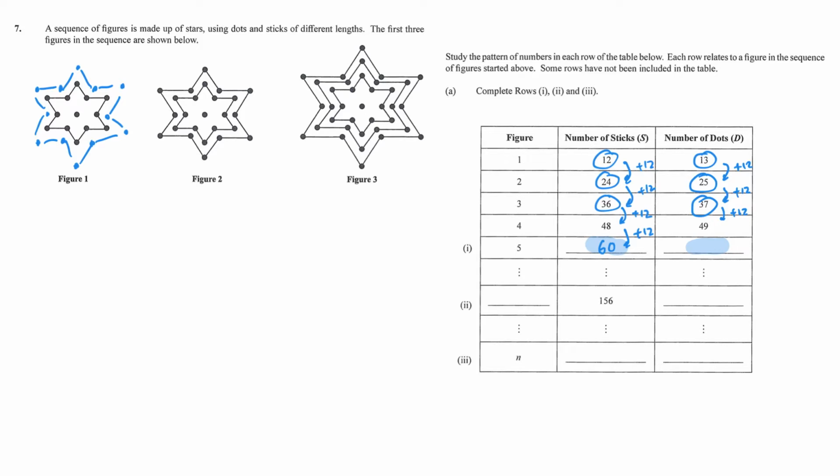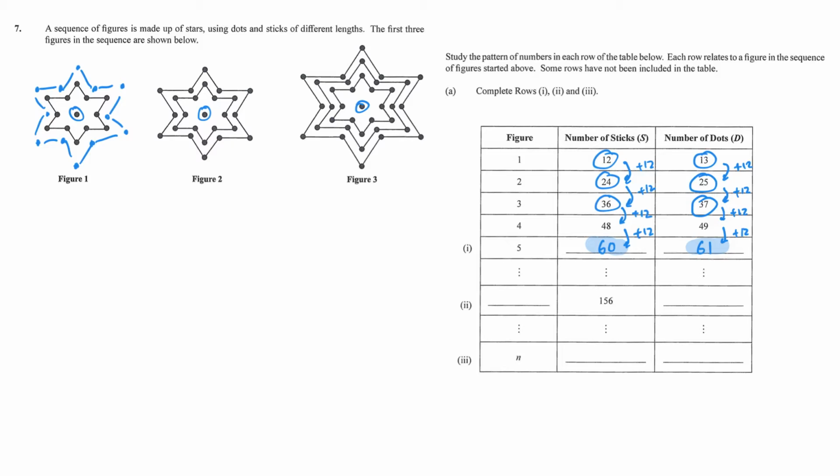So to get the number of dots in my fifth figure, I can take 49 and add 12. This gives me 61. Another pattern that you might observe here is that the number of dots is always 1 more than the number of sticks. This extra dot that we have is the center dot that's in each of our figures.